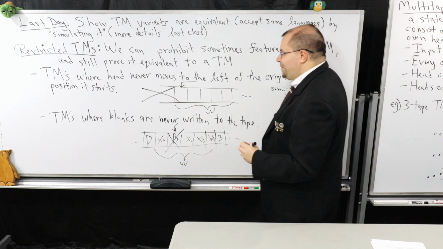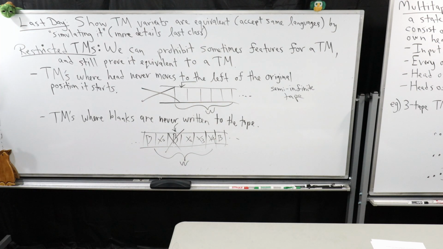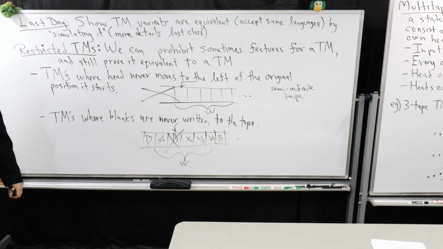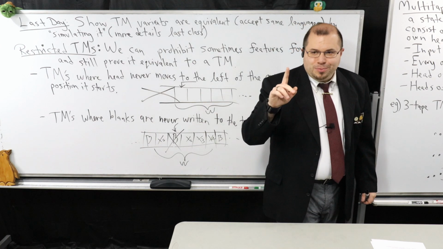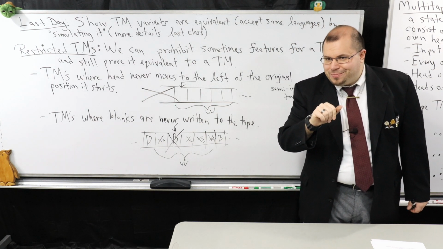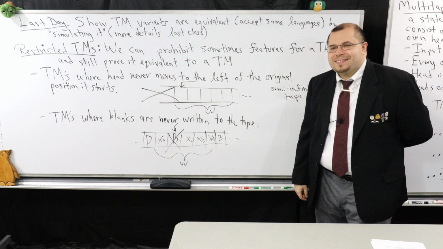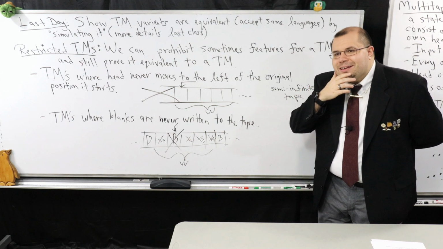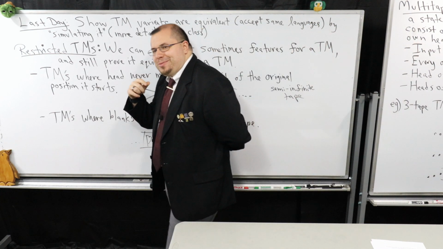Any ideas? Think of the first thing you can think of, and you're probably right. Remember, the point here is that I don't want it to ever write blanks to the tape. The blank is part of the tape alphabet. What would we do instead of the blank?